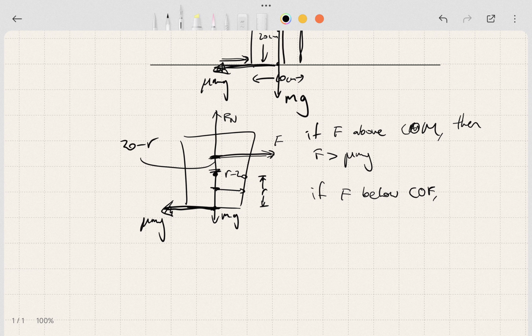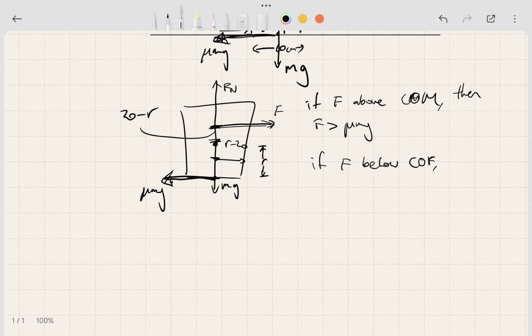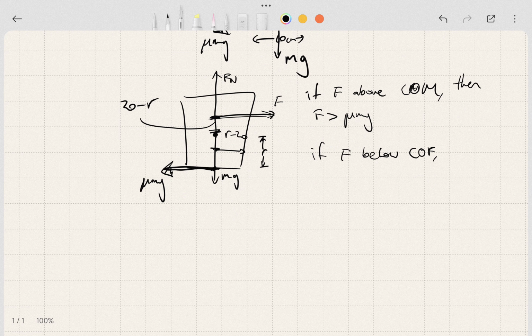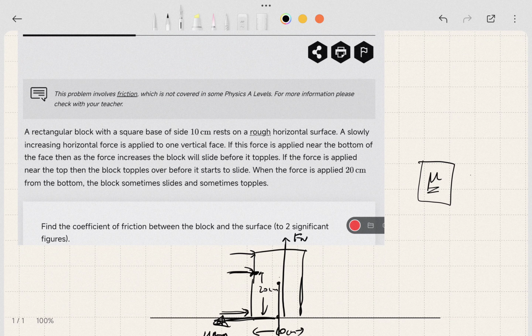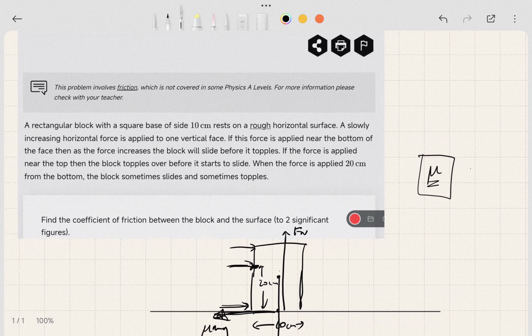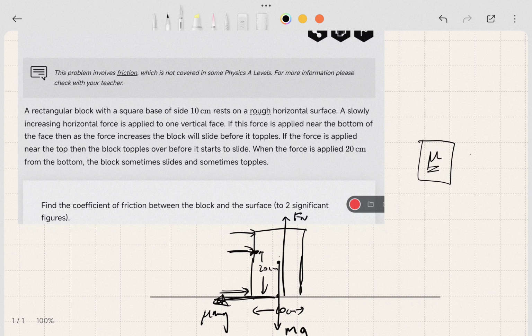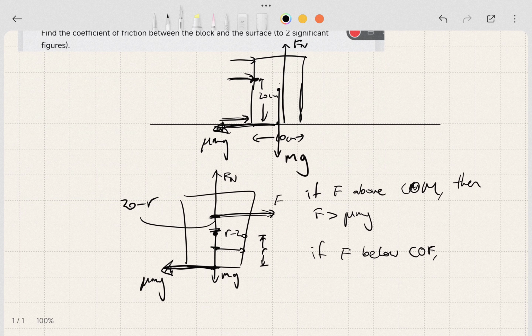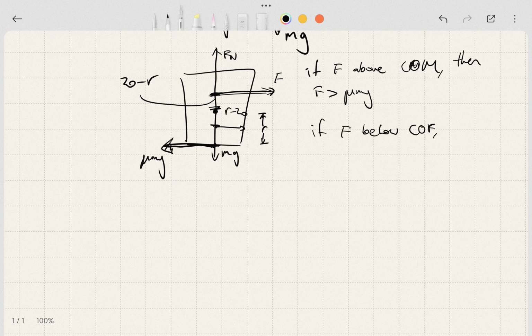Let's assume F is above the center of mass, just for the sake of this question. Now, if we're able to say that, then if it's applied there, let's go with it.